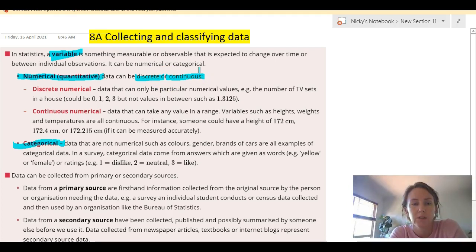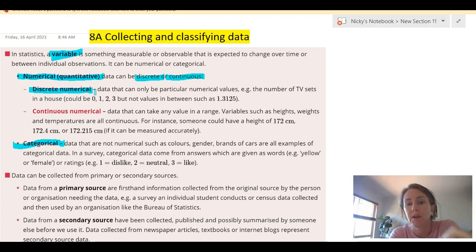Okay, so discrete data, when we think of the word discrete, we think of something that is small in size and quite specific. Okay, so discrete numerical data that can only be a particular numerical value.